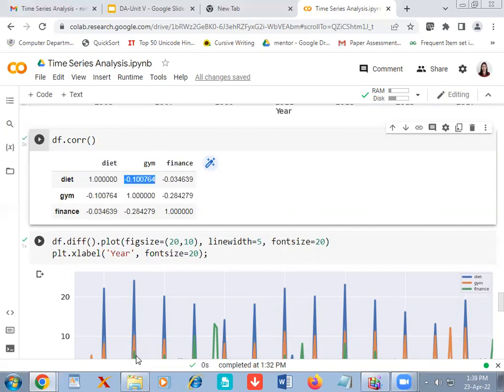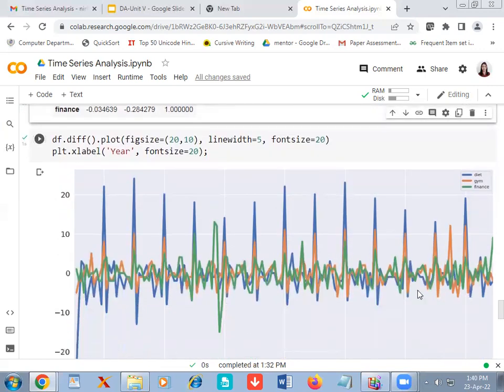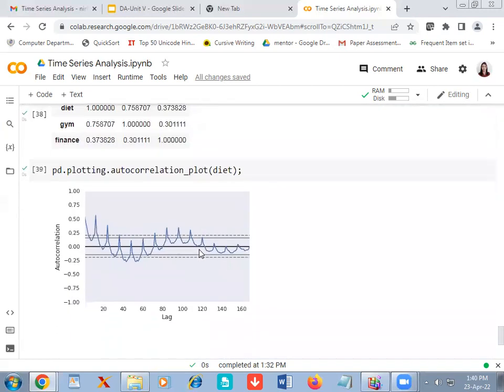So what we can do is find the differencing of the complete data set, using df.diff. Now we have the differenced complete data set, but I want only diet and gym. For these, I am going to plot the autocorrelation of the diet series.